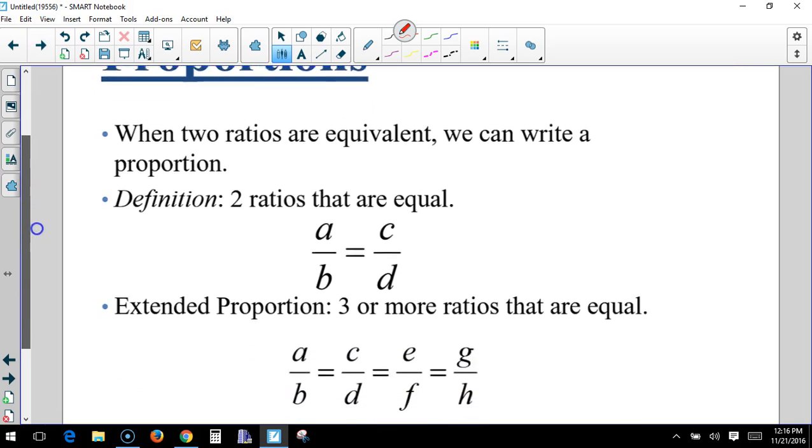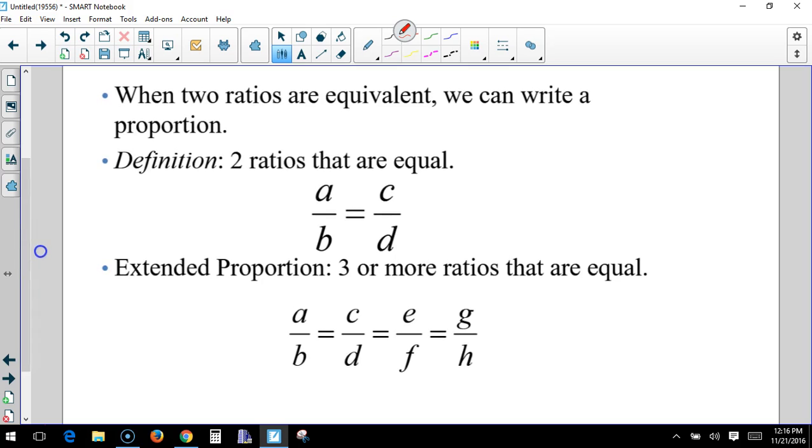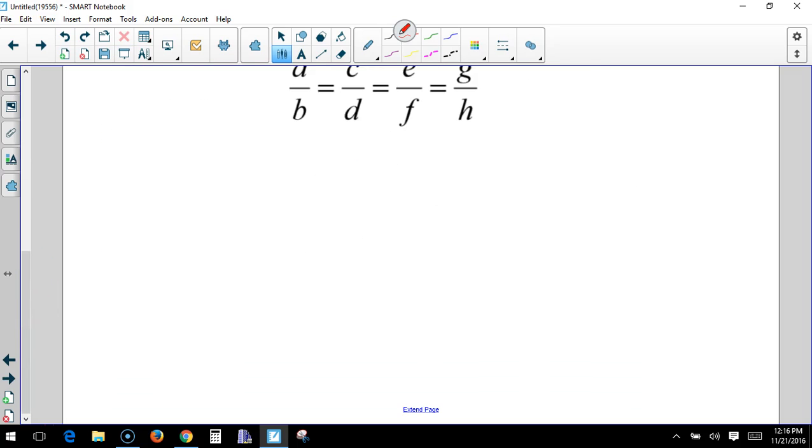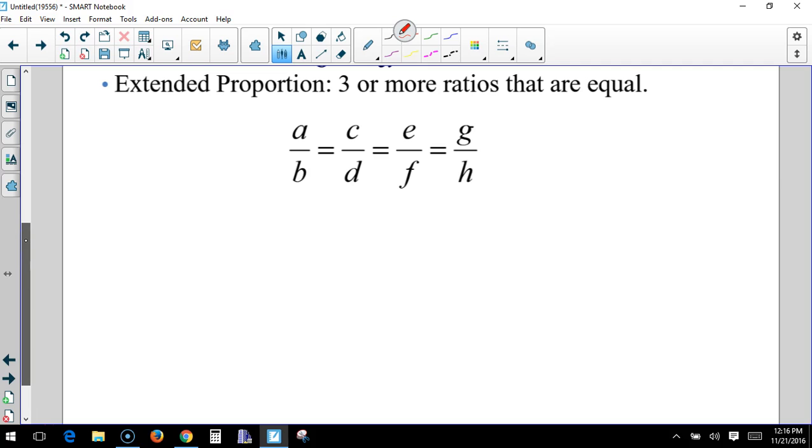Proportions. That's when you have 2 equal ratios. So A over B is equal to C over D. Extended proportions when you have 3 or more that are equal. You were doing this in grade school way back when you took something like 50 over 100. And you said, let's divide it by 2.